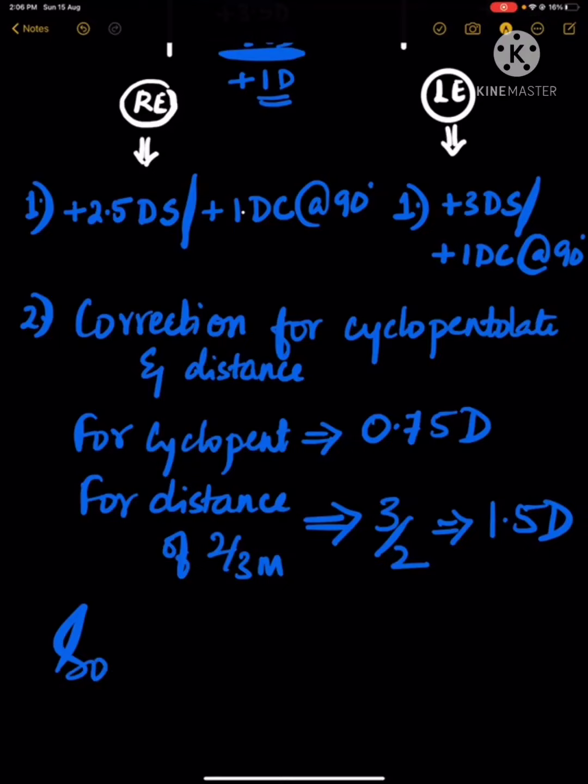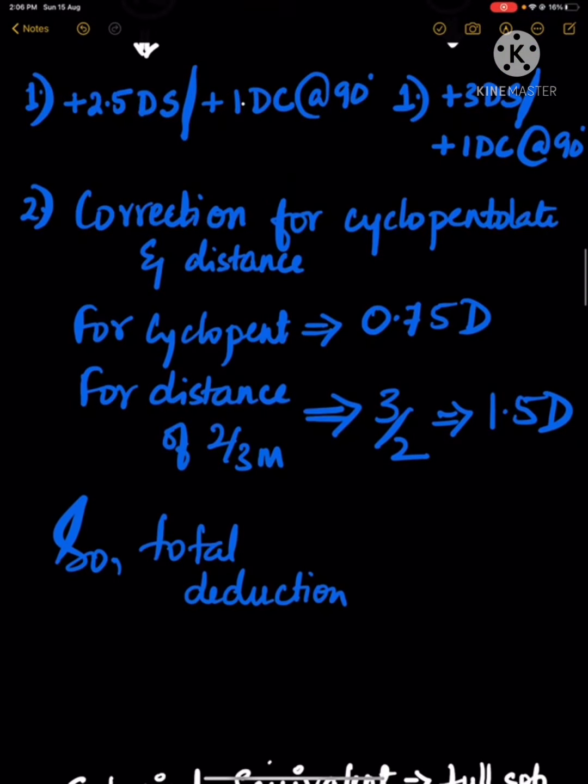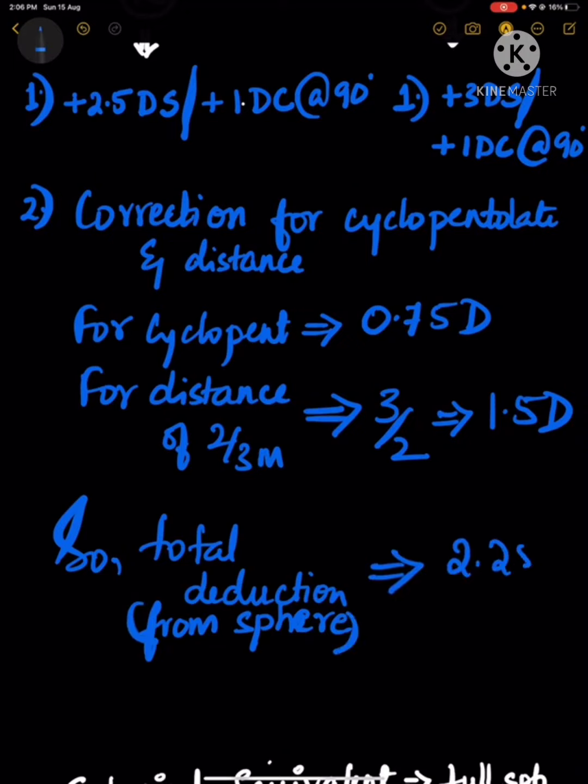So total deduction from sphere. You are not deducting anything from cylinder, from sphere only. It's 2.25.